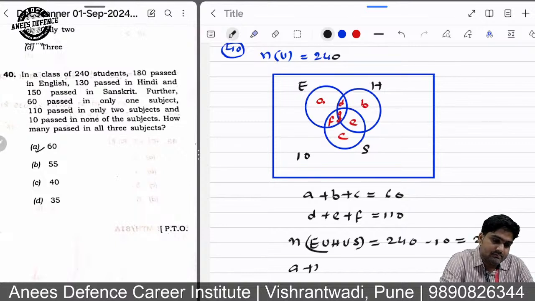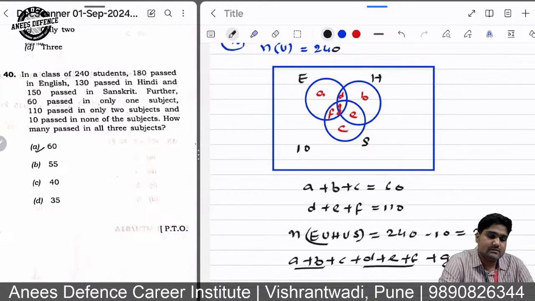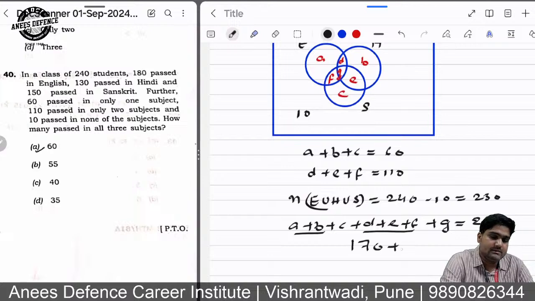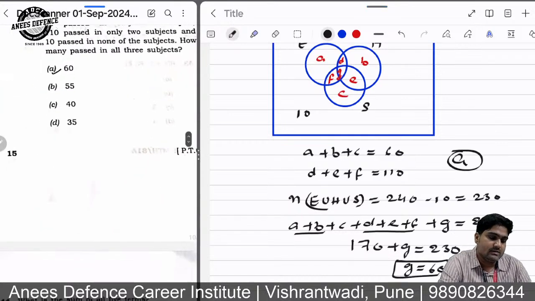So A plus B plus C plus D plus E plus F plus G is 230. A plus B plus C is 60, and D plus E plus F is 110, so 170 plus G equals 230. So G is 60. So G is here: students who passed in all three subjects. So option A is correct for question number 40.